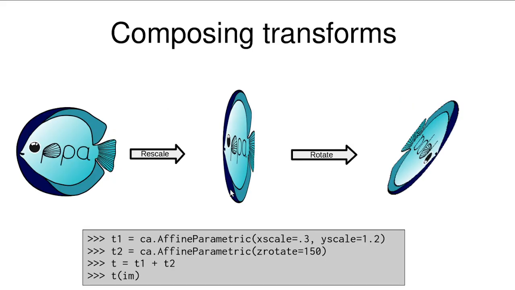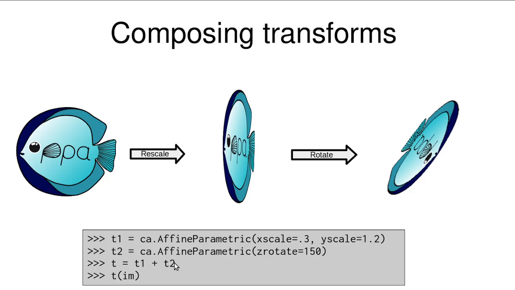We can also join them together. If transform 1 is a rescaling and transform 2 is a rotation, we can take our final transform equals t1 plus t2. That takes the image, applies a rescaling, and then rotates it.